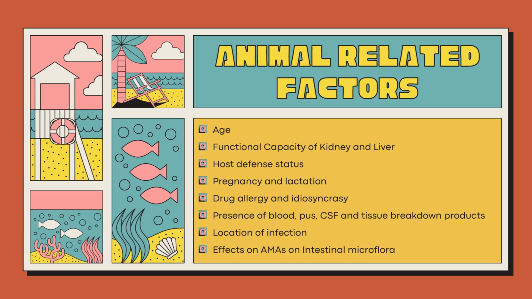But bactericidal drugs must be given in a patient with impaired defense, because bacteriostatic drugs will be less effective in very young, very old, and debilitated animals because of poor or impaired host defense, such as in phagocytosis and immunity. Next would be pregnancy and lactation.